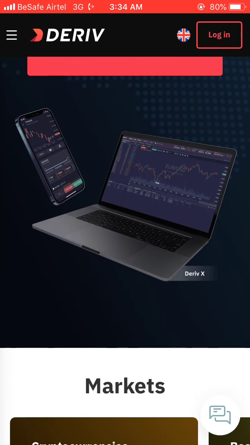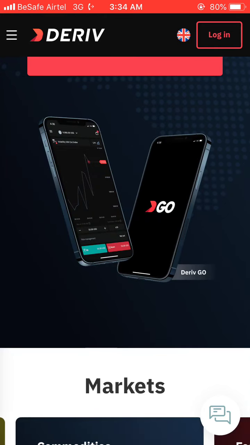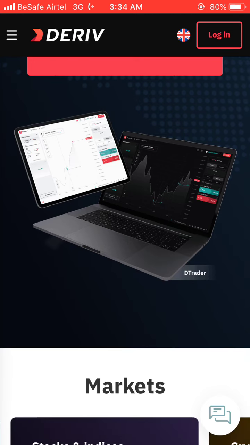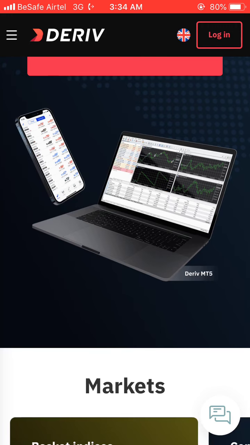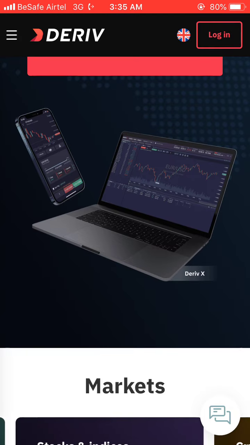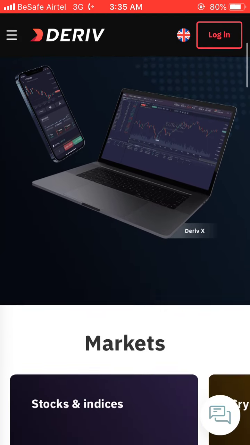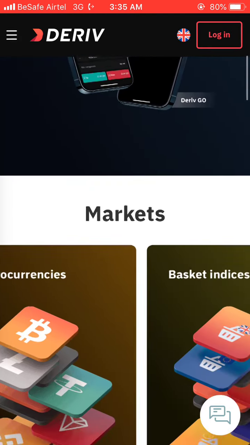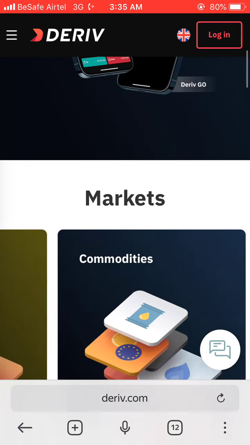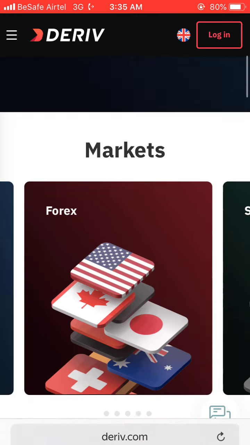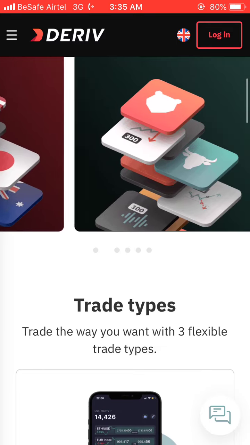They have the MT5 extension and the MetaTrader 4 extension, so you can trade on them if you want to make money. They are very good. They have been in the industry for more than 20 years now, so they are well trusted.